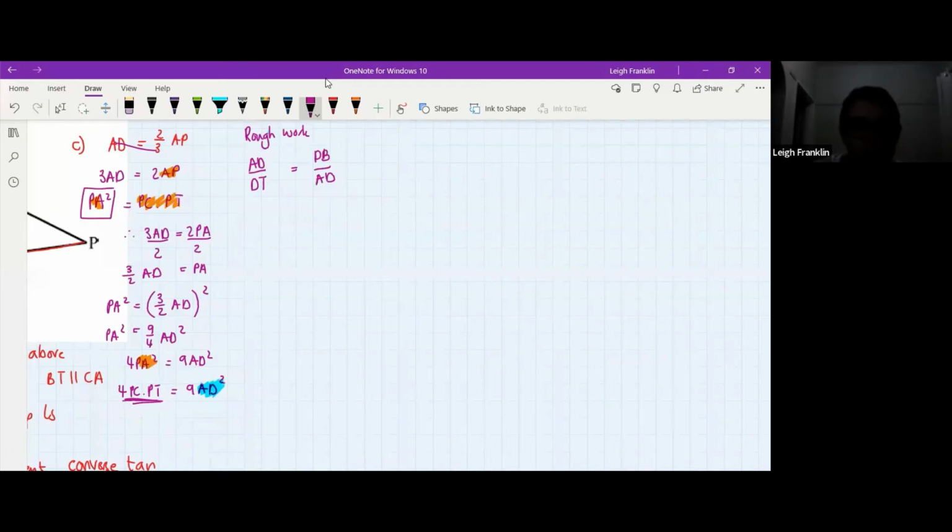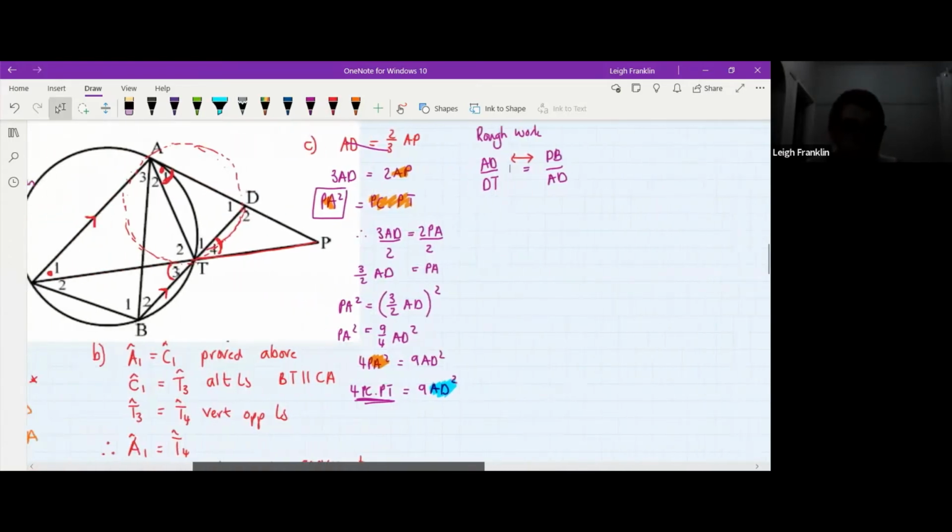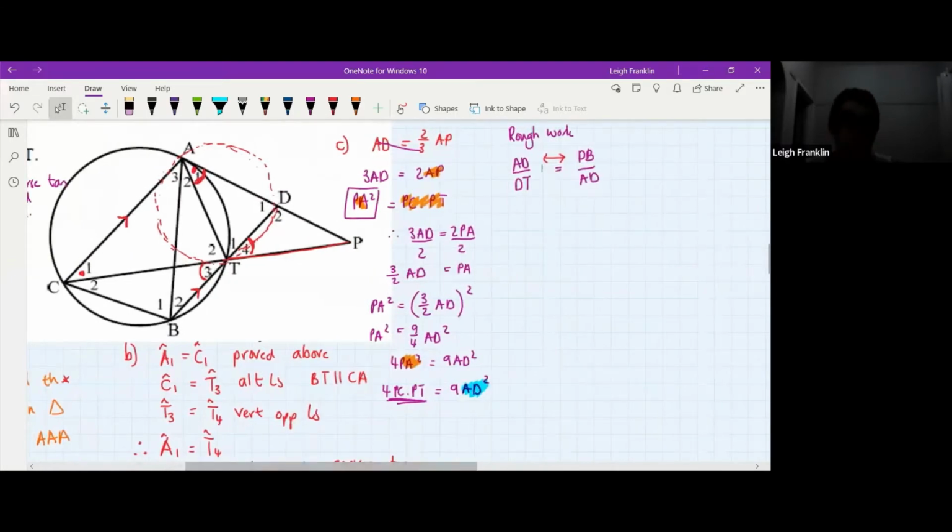So now we go side to side, or around the outside. If we go side to side, we have to say to ourselves, is ADB a triangle? Let's just go back and have a look. Is ADB a triangle? And as it turns out, yes, it is. ADB is a triangle. Is DAT a triangle? Yes, it is.